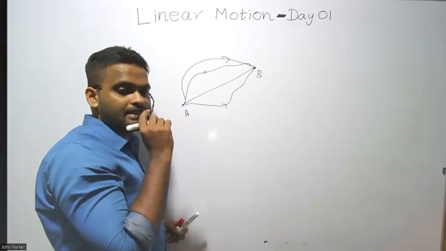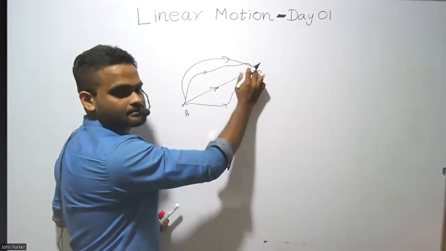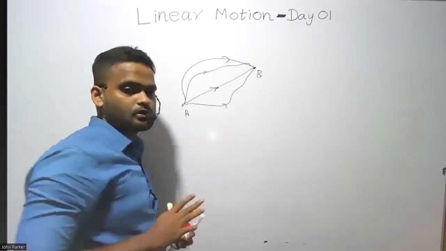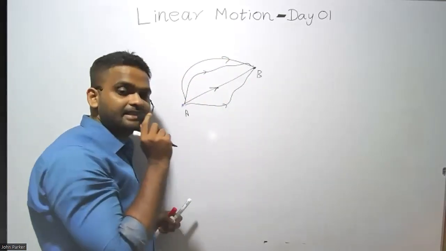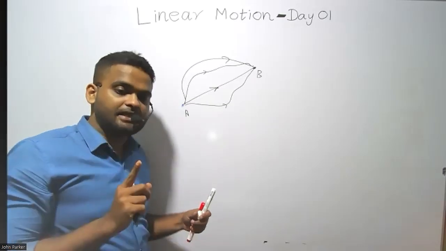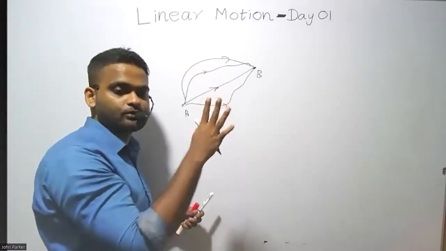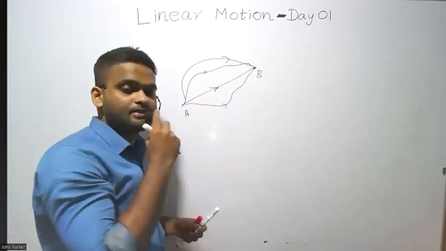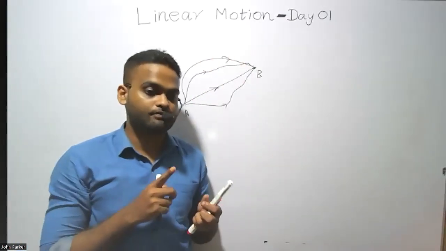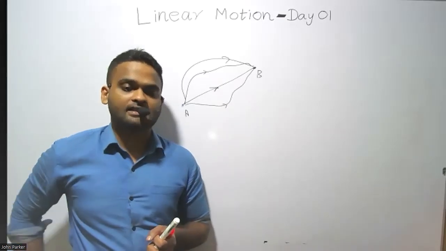You can clearly see that there is a certain direction for that. Other paths do not have a certain direction, but the shortest path has a certain direction. Meaning, everything has a magnitude, and this has a direction as well. So displacement has a direction and a magnitude, so it is considered a vector.